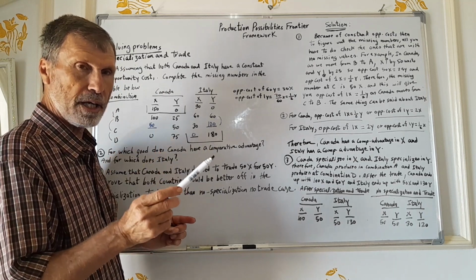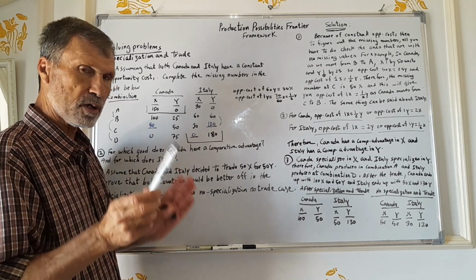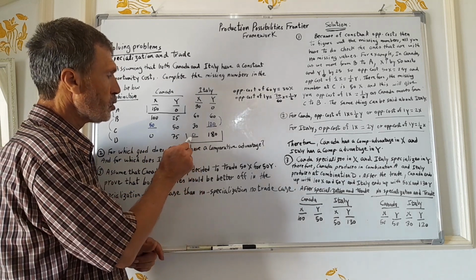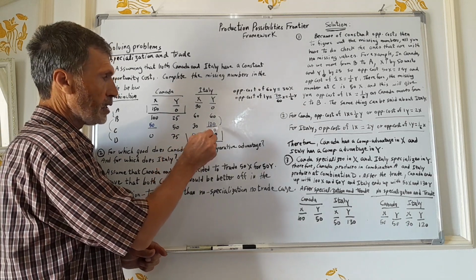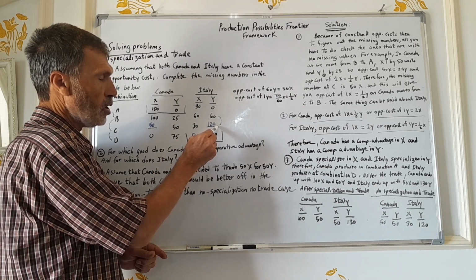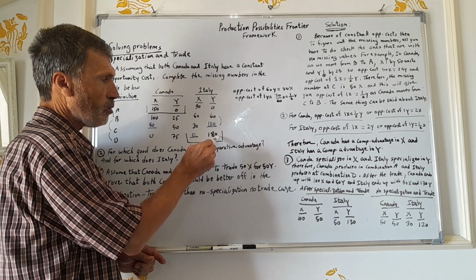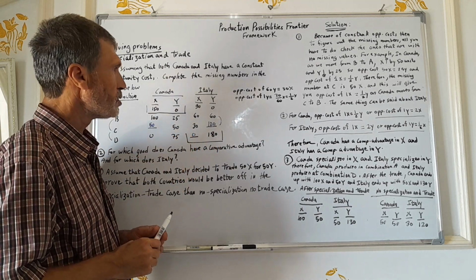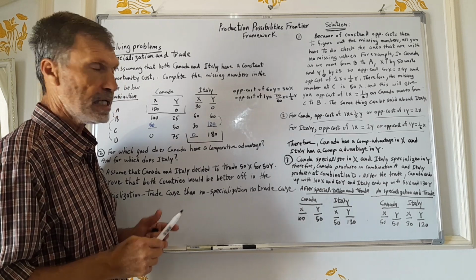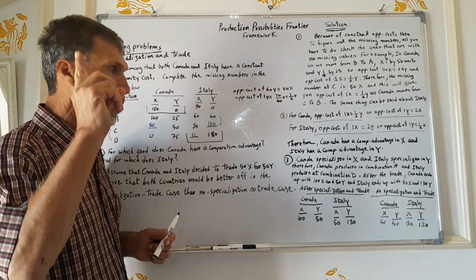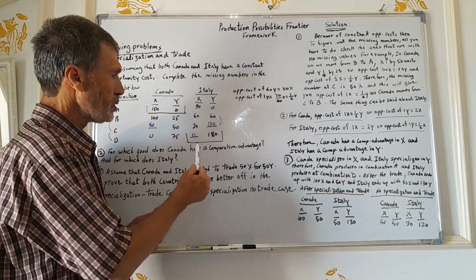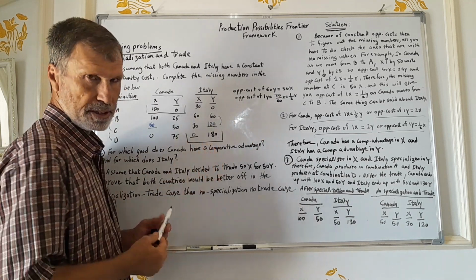So the only way to have the opportunity cost of 1y equal 1/2 x is that you should have 0 over here. So here we say the opportunity cost of 60 additional y is equal to 30 units of x not produced. Therefore, the opportunity cost of 1y is equal to 1/2 x. And so we put 0 and 120.